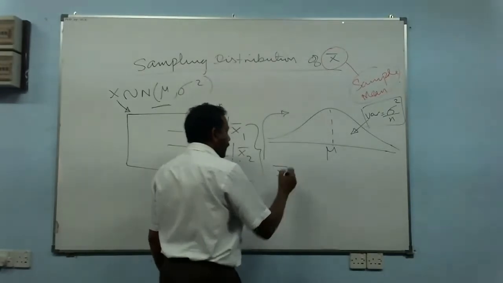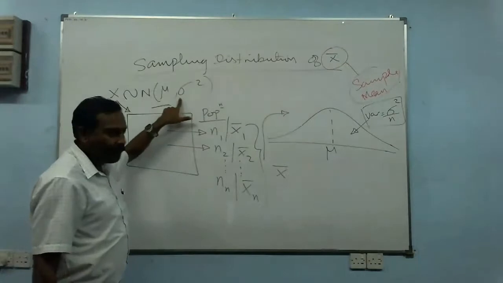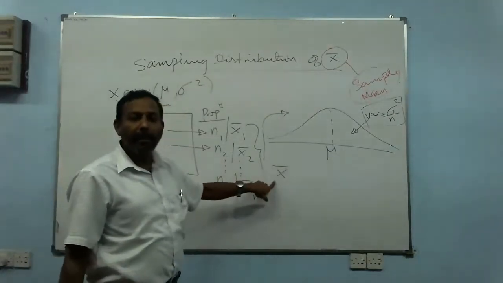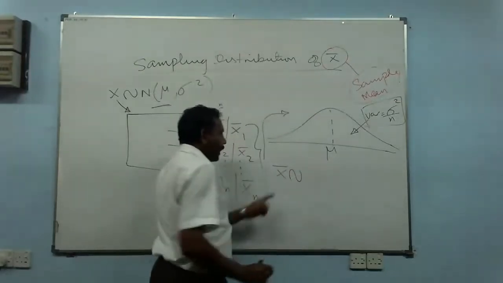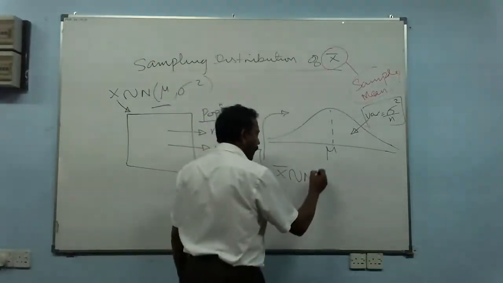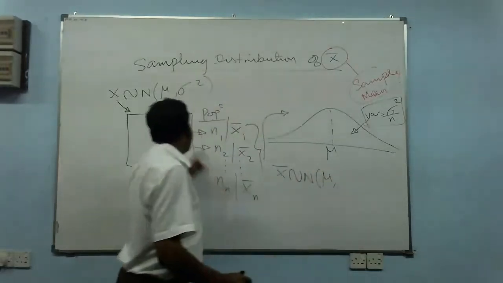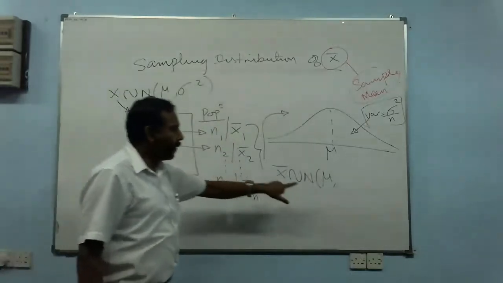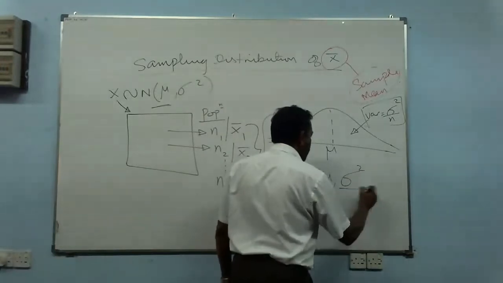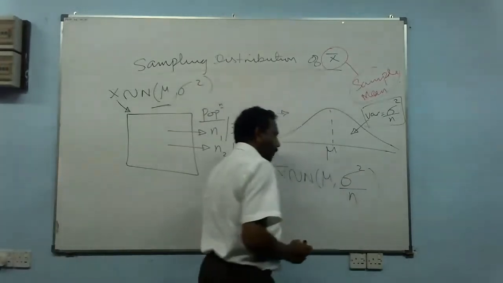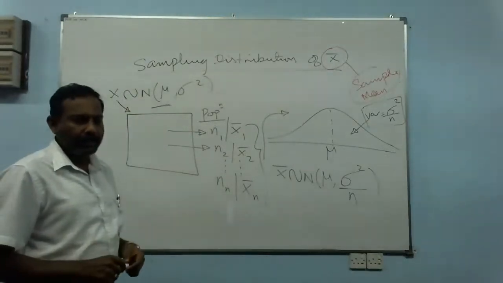So we can write that the parent distribution is as such, and the distribution of sample mean is again normal with the same mean as earlier and the variance sigma square by n.